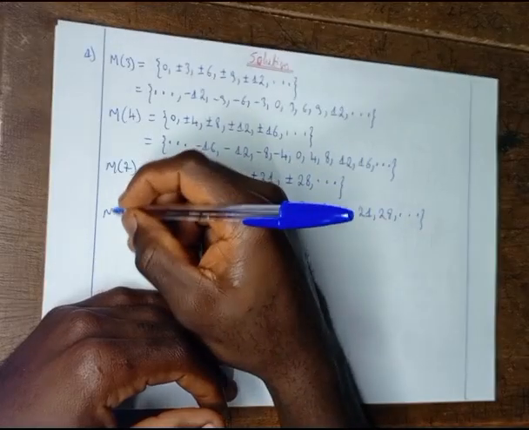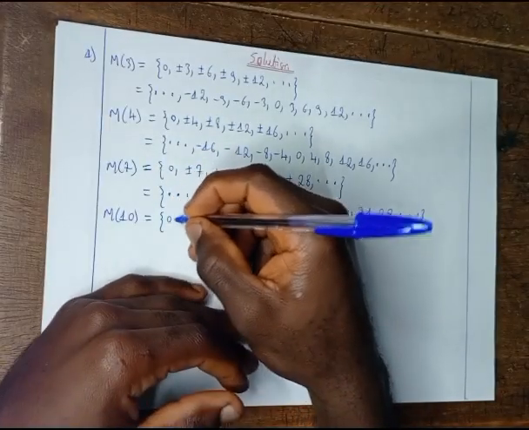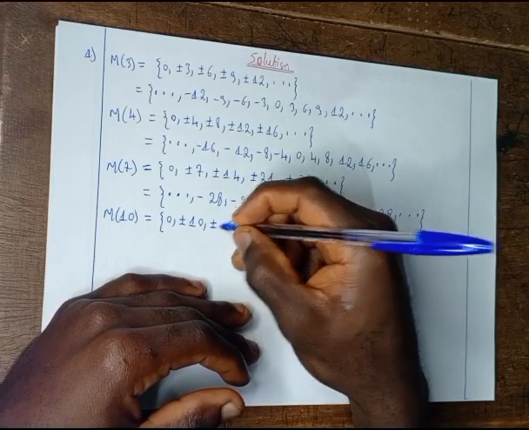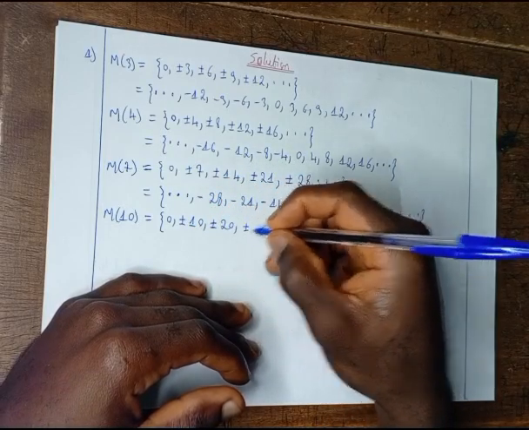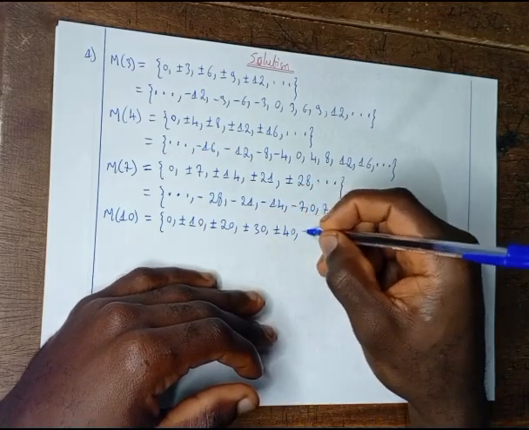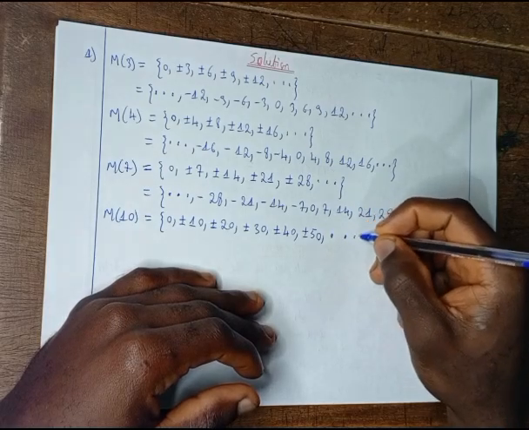We go now to the next one, multiples of 10. Multiples of 10 will simply be equal to 0, plus or minus 10, plus or minus 20, plus or minus 30, plus or minus 40, plus or minus 50. It's an endless set.